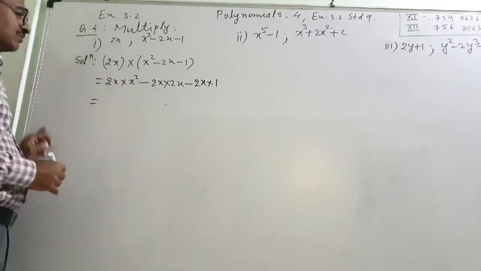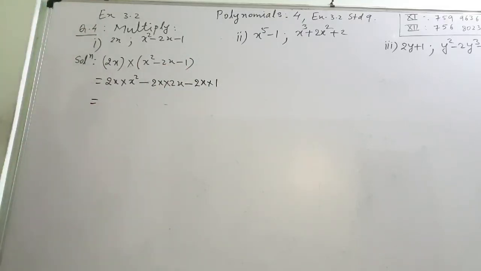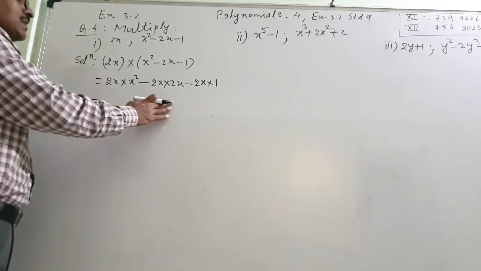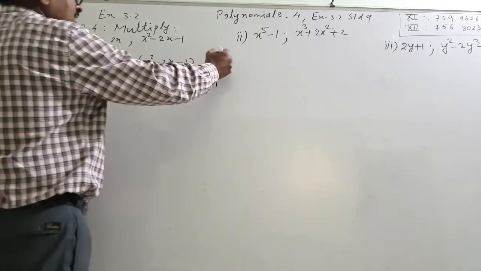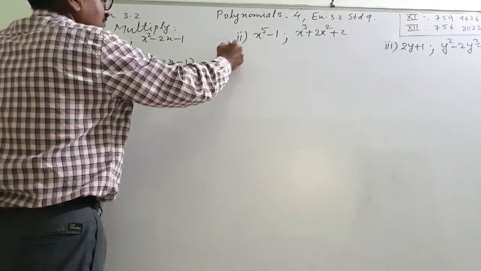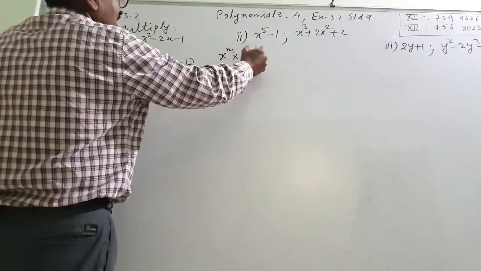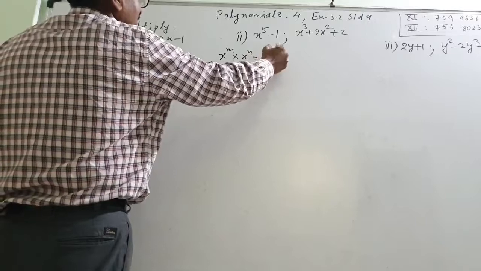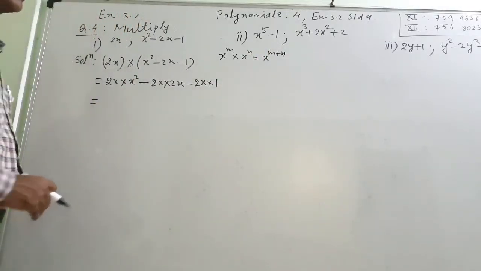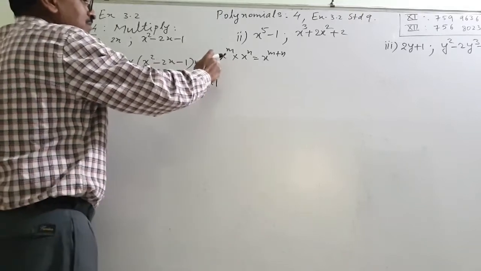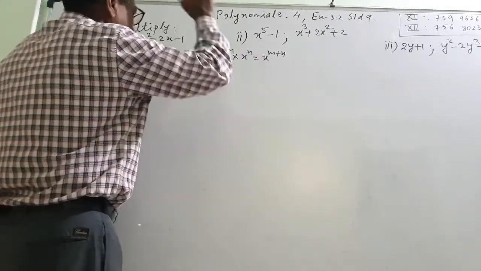That is equal to, now see that we have seen the indices rule in standard 8. X raised to m into x raised to n is equal to x raised to m plus n. This is our indices rule. Multiplication, if the base is same, addition of the indices.